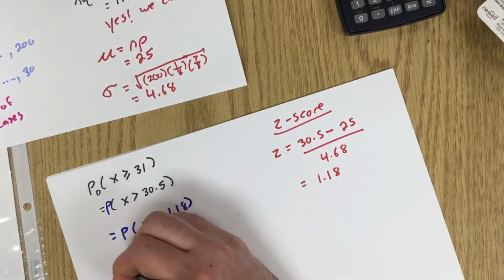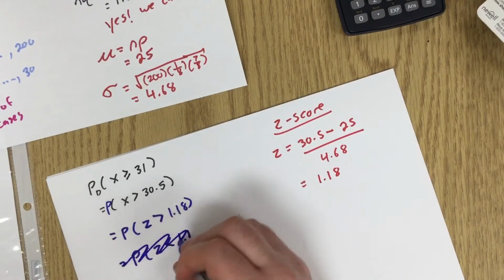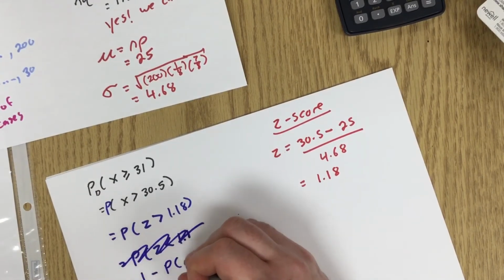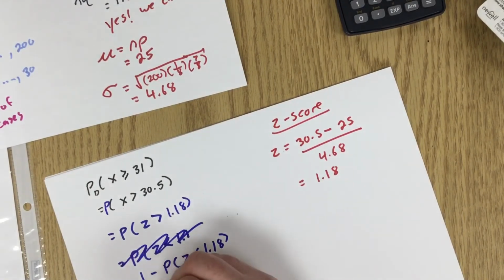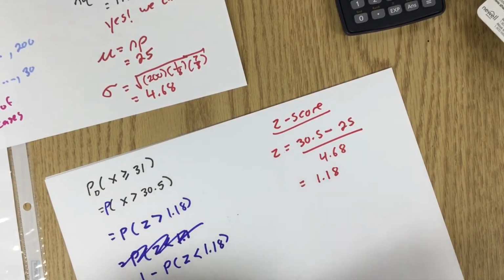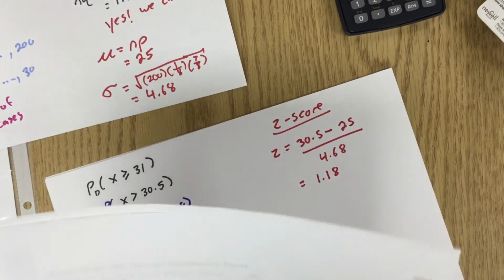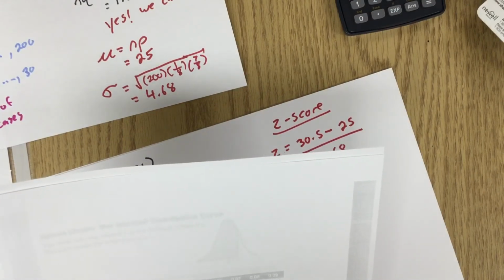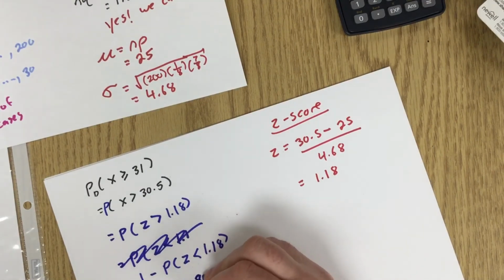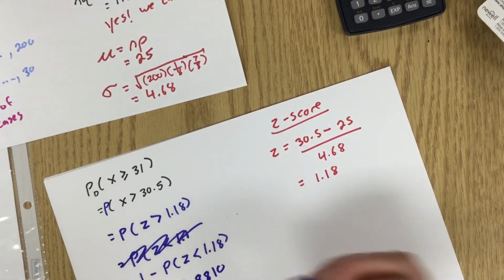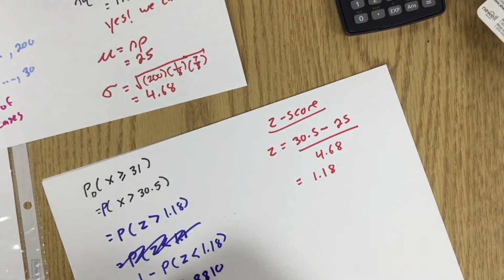And because it's a bigger than, it's going to be 1 minus the probability that z is less than 1.18, which is going to be 1 minus the z-score chart, 1.18. 1.18 is 8810, which is going to be 11.90%. And there we go.